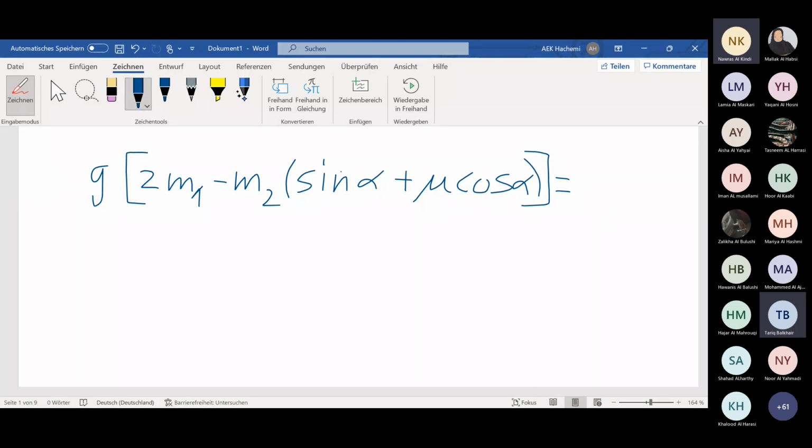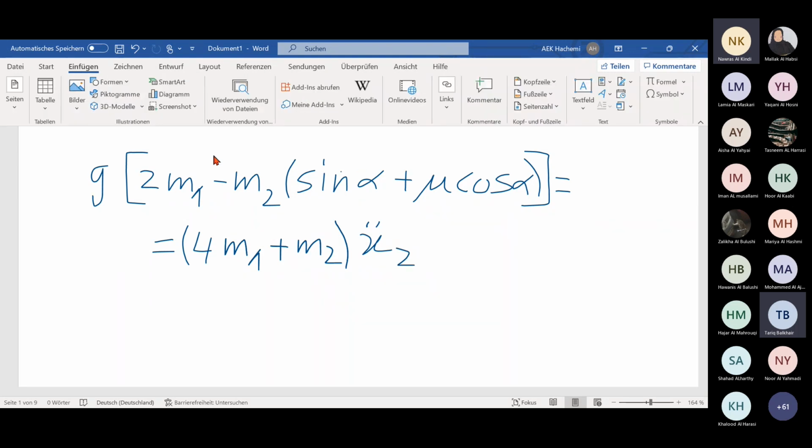This will be equal to 4 times M1 plus M2 multiplied by x dot dot 2.